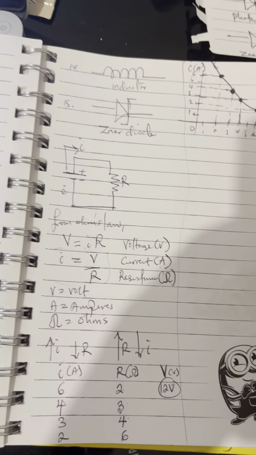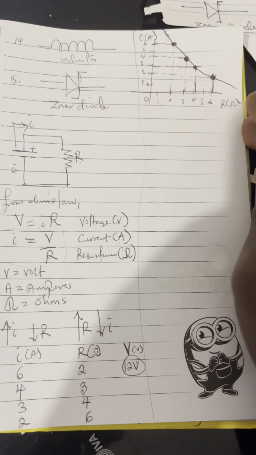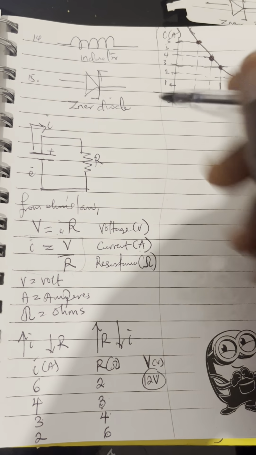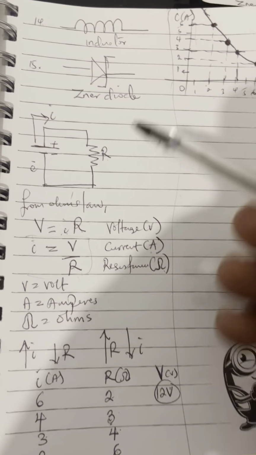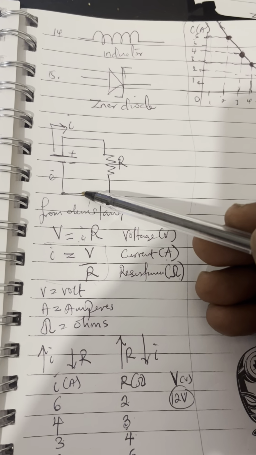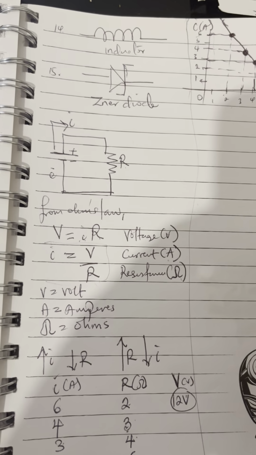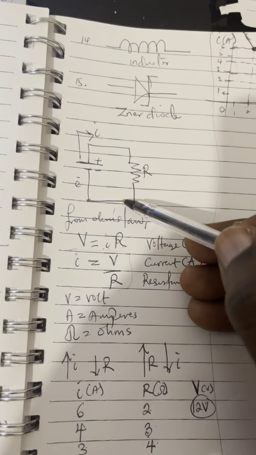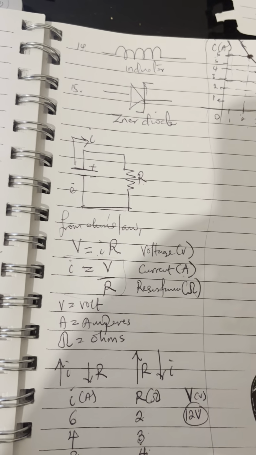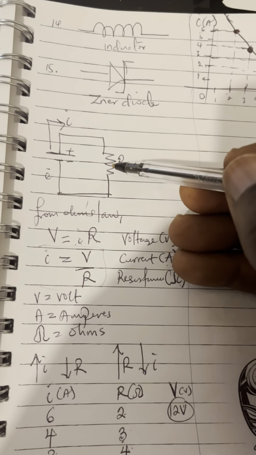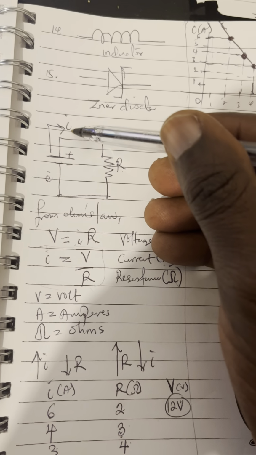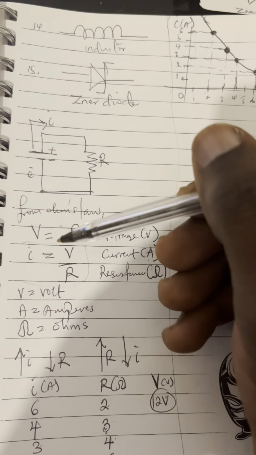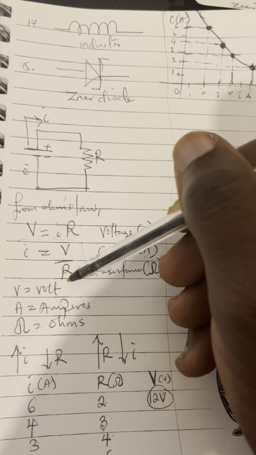Good. So another thing we want to talk about is the potential difference. But before we talk about potential difference and electromotive force, let's come back to this. If we look at this critically, we can define current, we can define our voltage, we can define resistance.